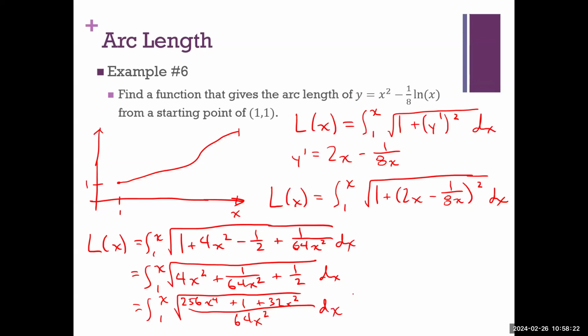Is that going to do anything convenient for us? It will. So that denominator ends up becoming 1 over 8x, and this becomes the square root of 16x squared plus 1 squared.